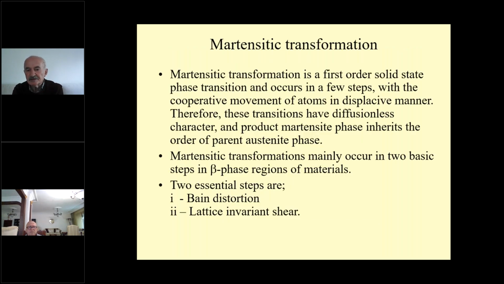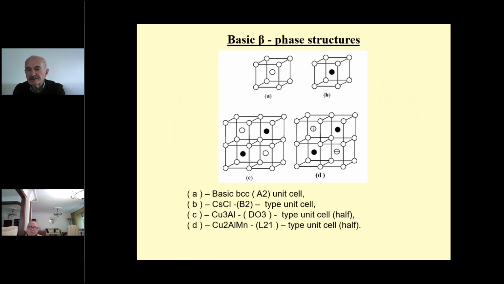Martensite transformation occurs basically in two steps. These are Bain distortion and lattice invariant shear in the beta phase region of the materials. These are the basic beta phase structures of the material. This is the elementary body-centered cubic structure.